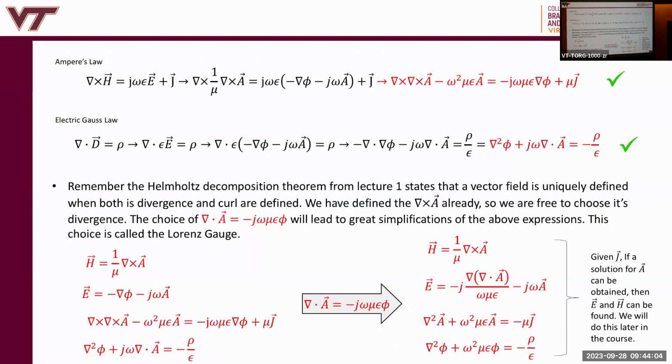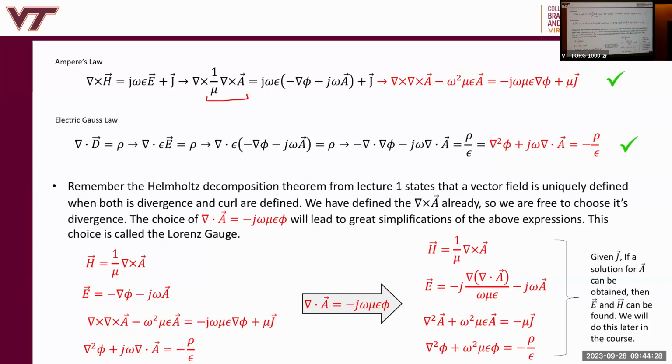Now let's check Ampere's law. Ampere's law is the curl of H equals j omega epsilon E plus J. We know the curl of H is 1 over mu times the curl of the curl of A. That's equal to j omega epsilon times E, and we know what E is, which we found on the last slide.